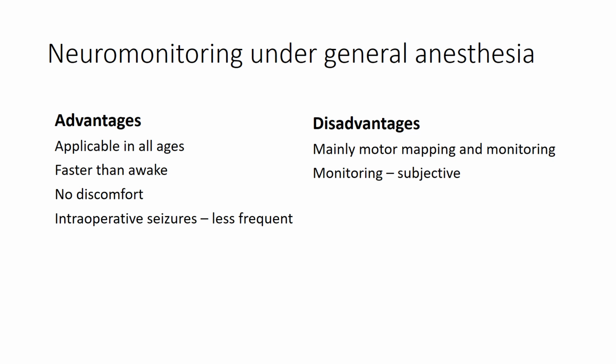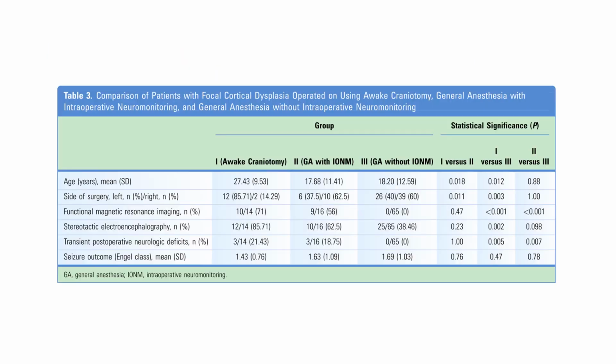In awake surgery, we evaluate the function continuously by asking the patient to move his extremities, to talk with the neuropsychologist. So it's a very direct way of assessing the integrity of the function. With monitoring under general anesthesia, it's comparing waveforms, which could be more difficult and, as I said, subjective in terms of interpretation.